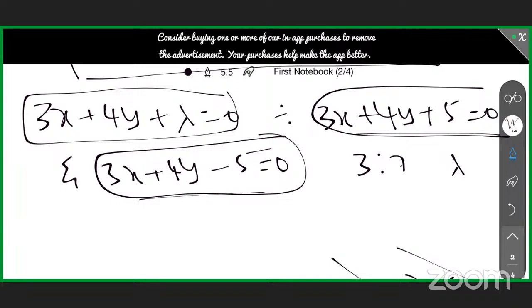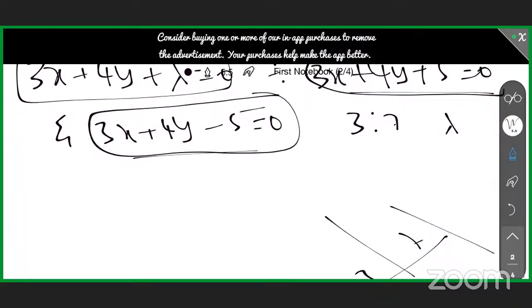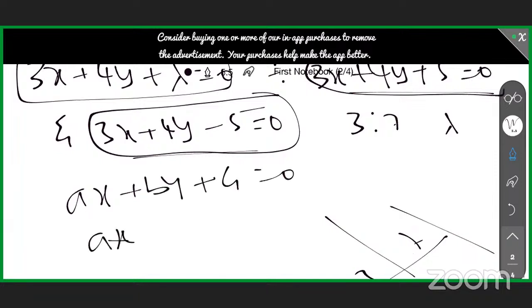Go back and check. In general form, the lines are ax plus by plus c1 is equal to 0 and ax plus by plus c2 is equal to 0. What kind of lines are these? We have discussed this concept 3 times.